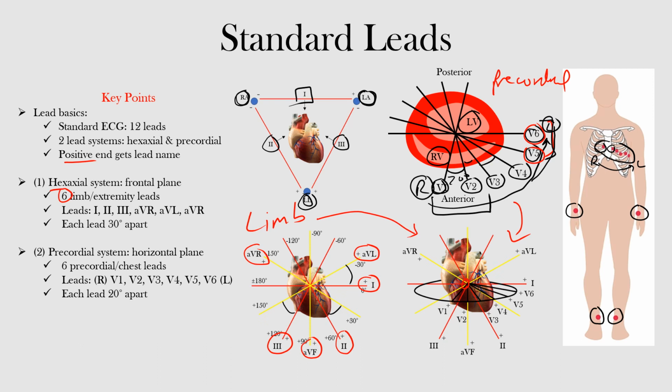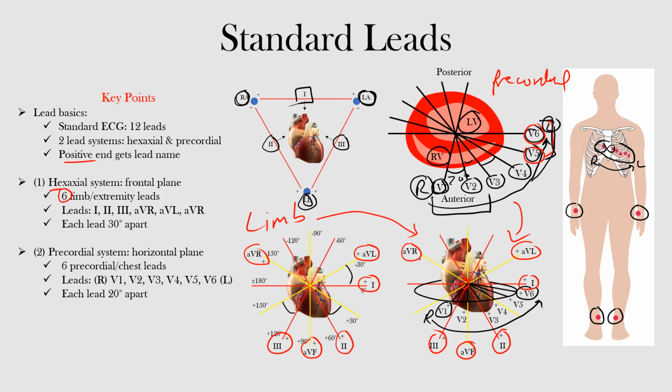The limb leads, here's lead 1, 2, AVF, 3, AVR, and AVL, and then we have our precordial leads going from the right side to the left side, starting from V1 and going up to V6. So those are the standard 12 leads on the EKG.